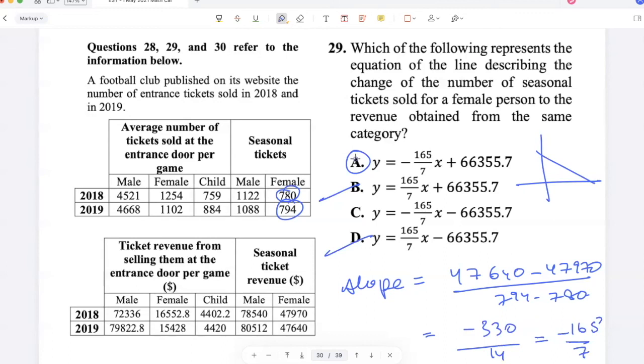If I put the first one, 780, and this, 780 into minus 165 divided by 7, and this plus 66355, yeah, so I get 47,970. So A is correct.